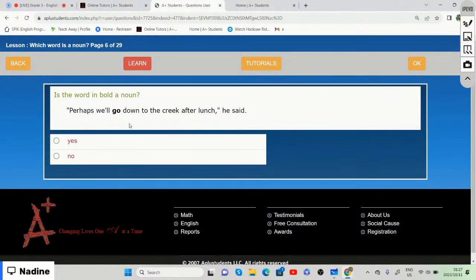Perhaps we'll go down to the creek after lunch, he said. So the word go, is the word go in bold a noun or it is not a noun? Go.